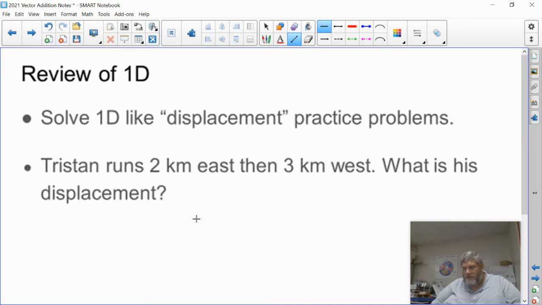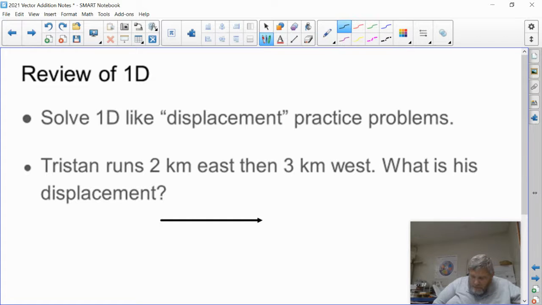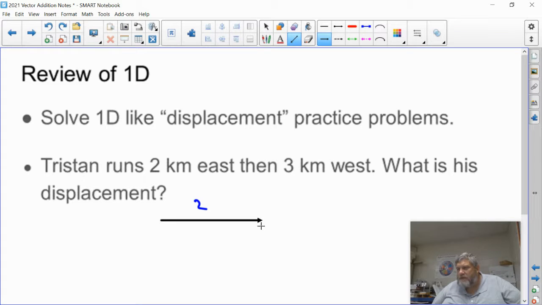So what we do is we just draw a vector, 2 kilometers to the east. Doesn't have to be perfectly to scale, but we do that, and then we can label it as 2. And then 3 kilometers would be a longer line and then moves to the west.